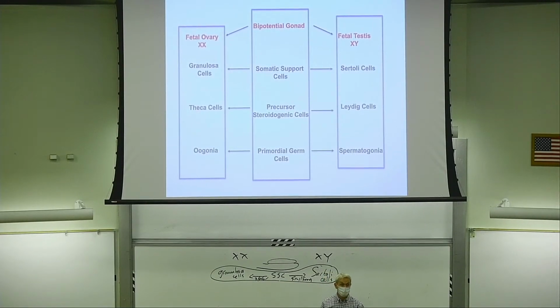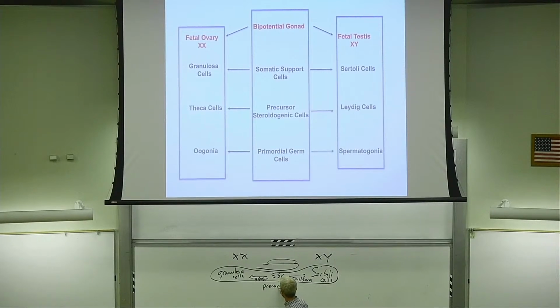Now, there's another somatic cell population in the gonad. They're called precursor steroidogenic cells. Okay. What could this cell population be doing later on when they're mature? If you look at the name.